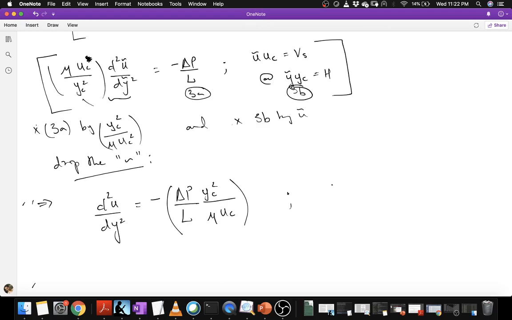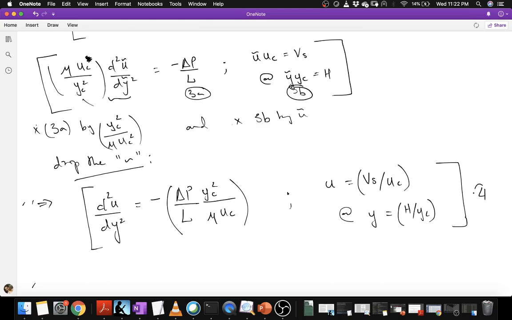And the non-dimensional boundary condition is u is equal to vs upon u characteristic. So this is another non-dimensional group at y is equal to h upon y characteristic, another non-dimensional. So this is equation 4.